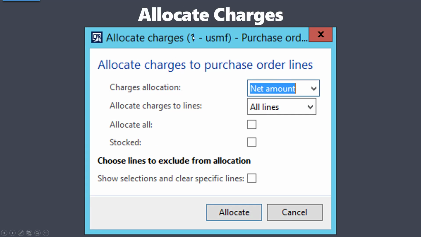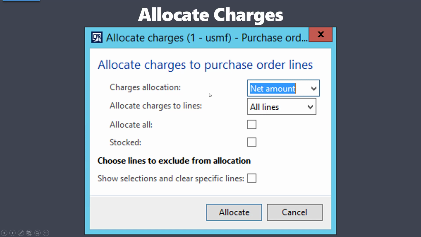And then really, this is the allocation method. This screen will come up when you hit that. By the way, I do not believe in certain versions it came up automatically. You had to hit it, but it would make you do it before you could process the vendor invoice. But on this screen for allocating the charges, this is the method I like to use, and I usually allocate the net amount across all lines.